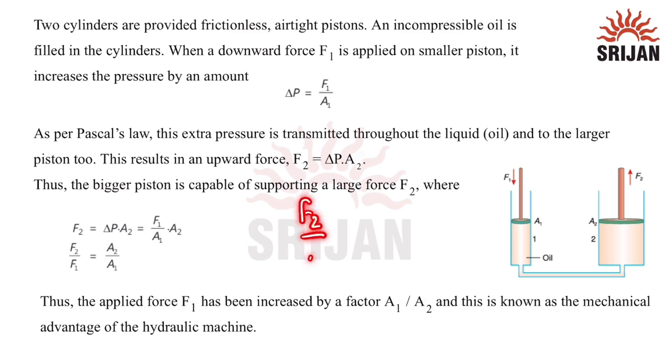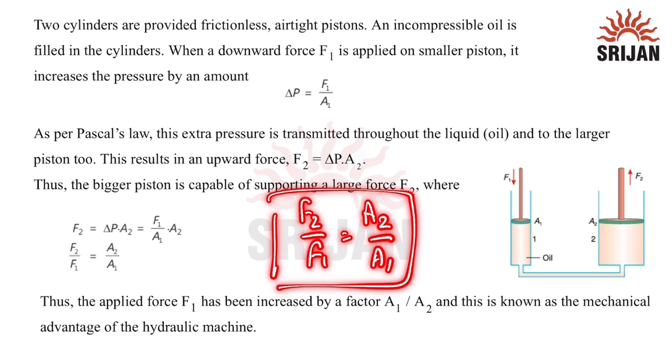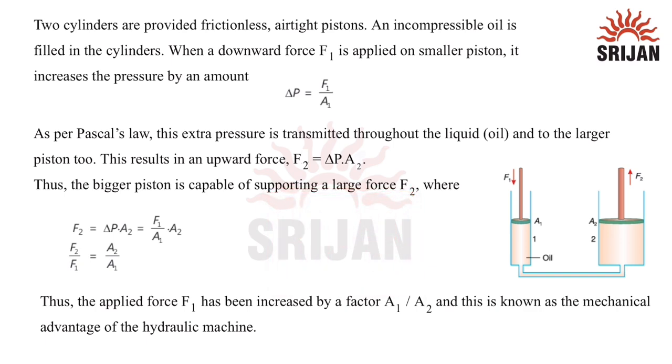So we can say F2 upon F1 will be equal to A2 upon A1. Thus the applied force F1 has been increased by a factor of A2 upon A1, and this is known as the mechanical advantage of the hydraulic machine.